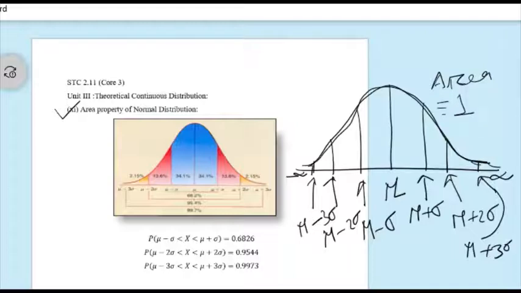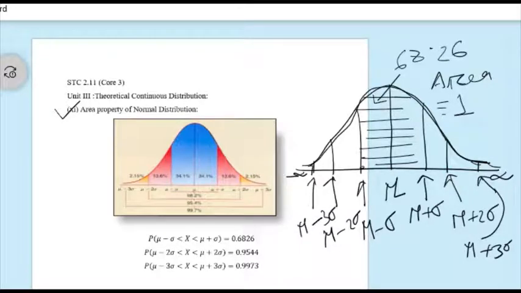So according to the normal probability curve, the area between mu minus sigma and mu plus sigma covers almost 68.26% of the total area.